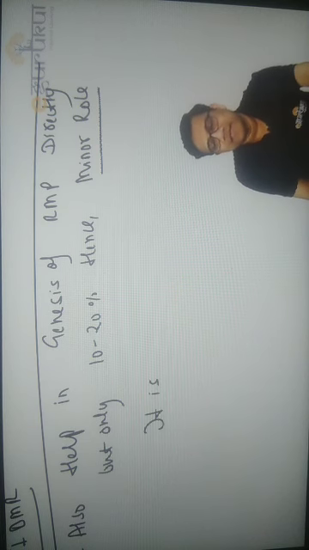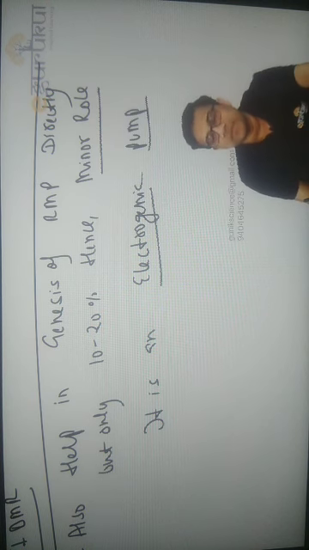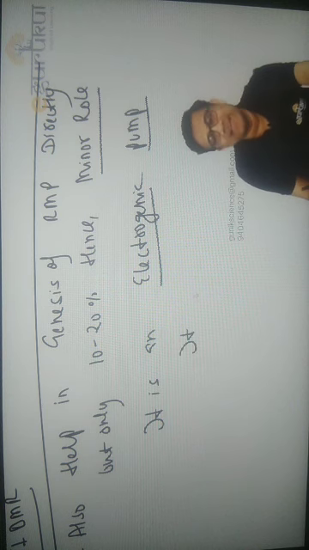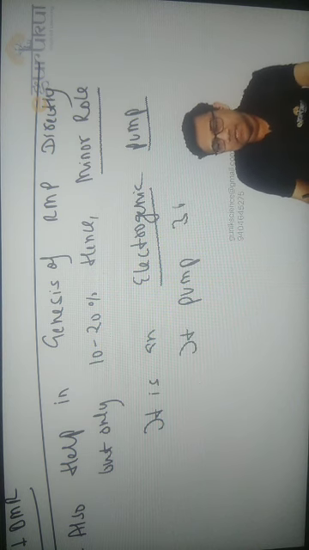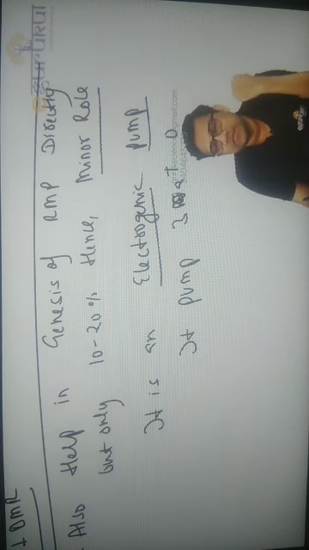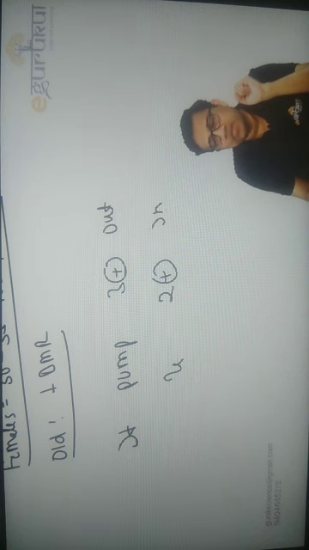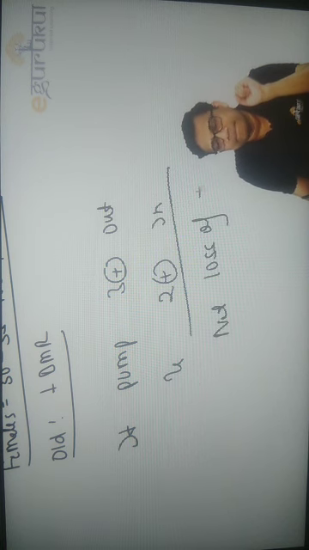Why? First, it is an electrogenic pump. Remember this statement. What do we mean by this term? It creates an electrical potential. It pumps 3 sodium out and 2 potassium in.